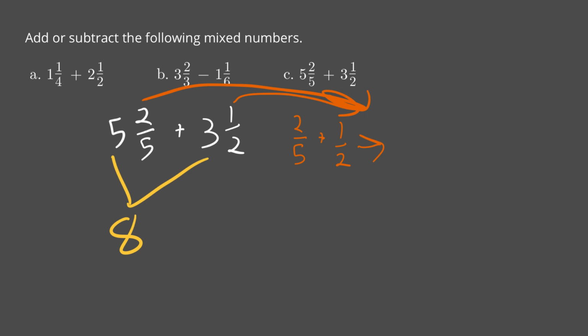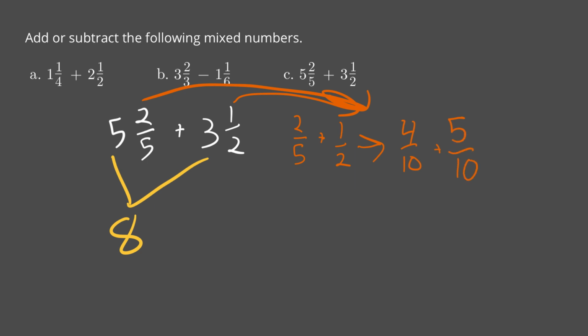So to change 2/5 into a denominator of 10, we will multiply the top and bottom by 2, which gives us 4 over 10. And for the 1/2, we will multiply the top and bottom by 5, giving us 5 over 10.